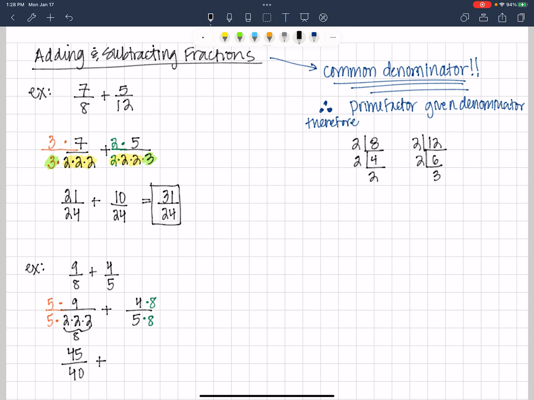The second fraction becomes 32 over 40. 45 plus 32, we simply add the numerators and retain the common denominator, 77/40.